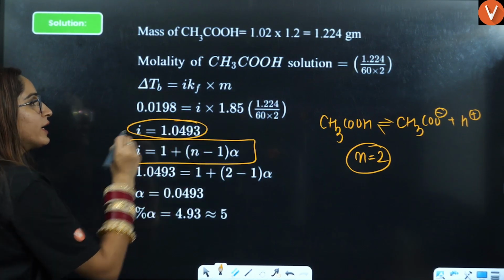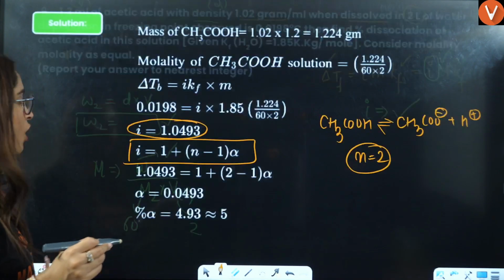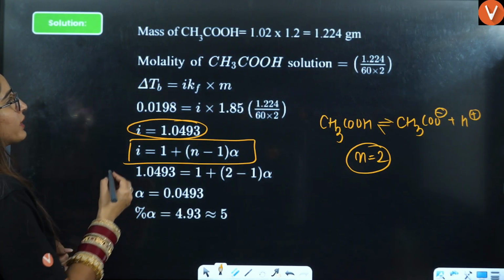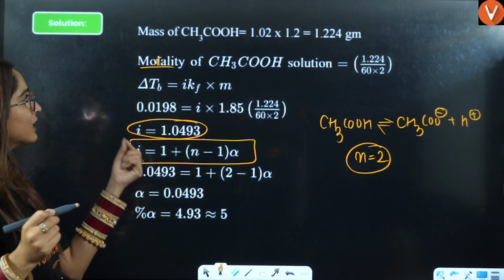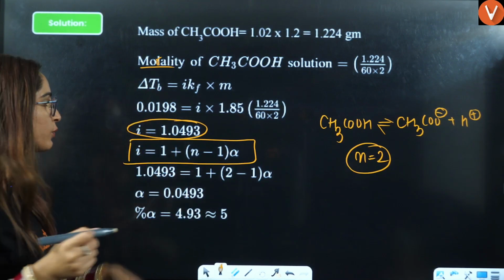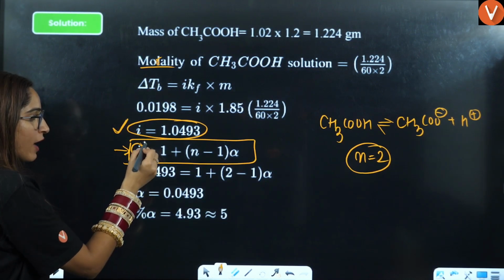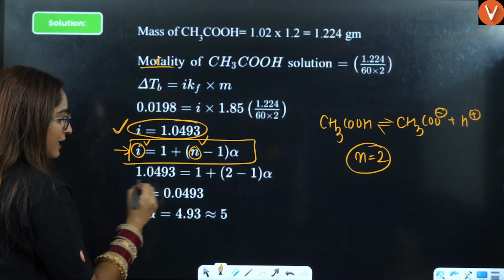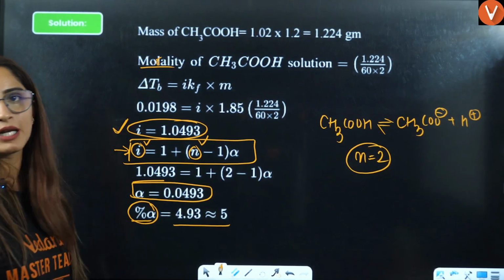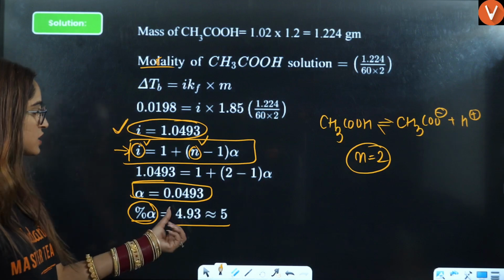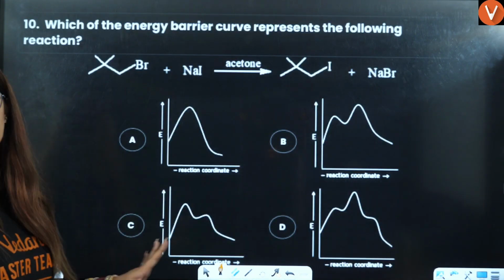You can calculate i from the value of depression in freezing point. After that, put the value of i and n, and you can calculate alpha. Then multiply by 100 for percentage dissociation. So the answer will be around 4.93, that is 5 is going to be the correct answer.